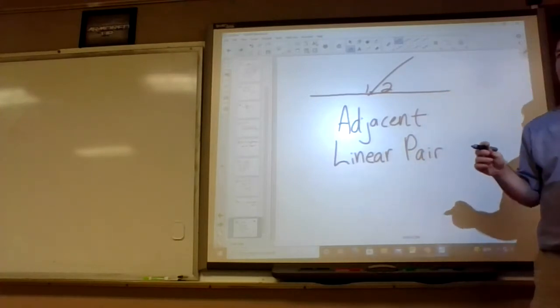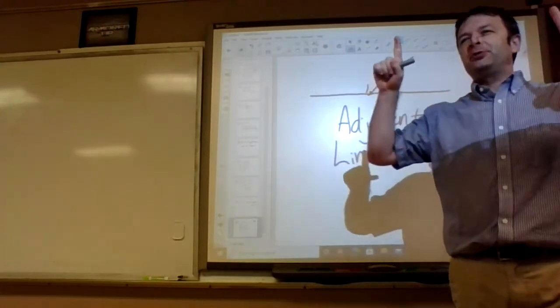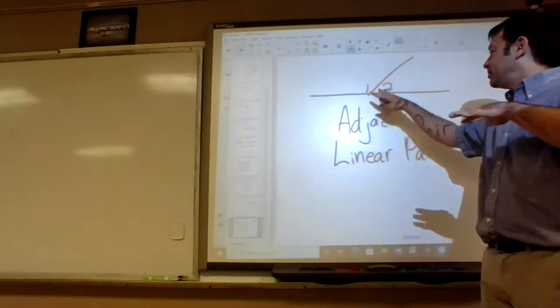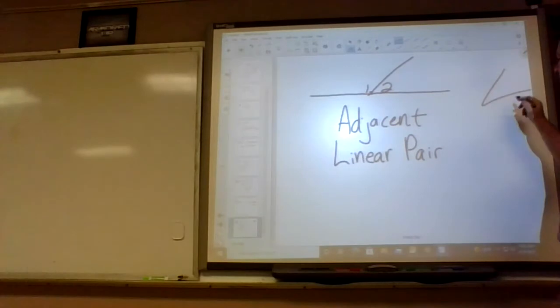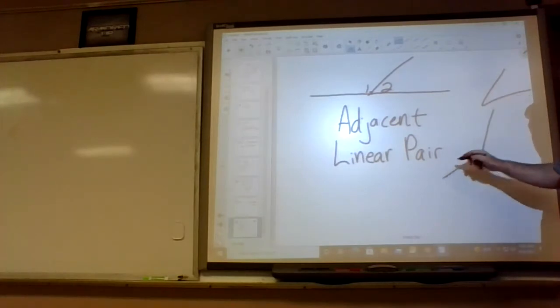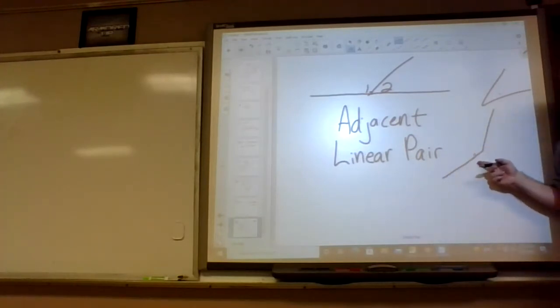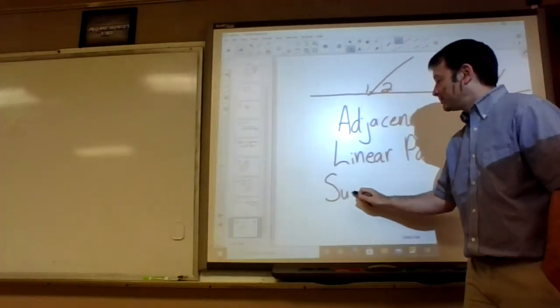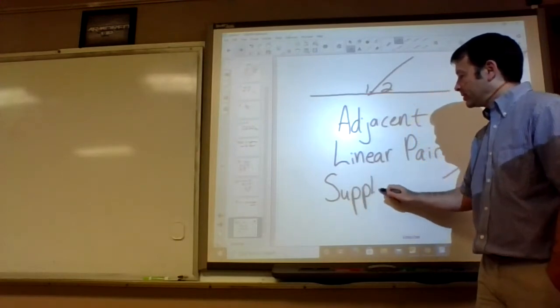Do you guys remember what it's called when two angles add up to 180? What those angles are called? It could look like a linear pair. It could just look like this, though. These two angles might add up to 180. They don't have to necessarily be adjacent. It's called supplementary. It's probably been a while since you've heard that word.